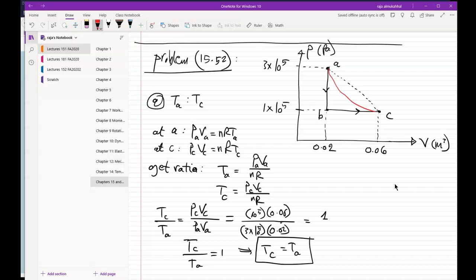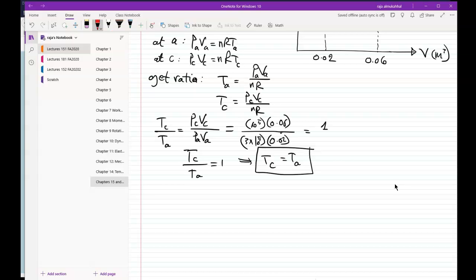I'll try to make it a curve. Okay, that's the meaning of it. That's the consequence of seeing the same temperature, which means delta T is 0. Okay, so that's isothermal. Okay, great. Let's go to part B.